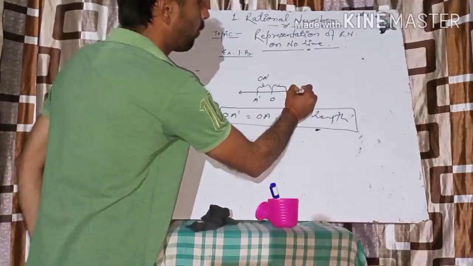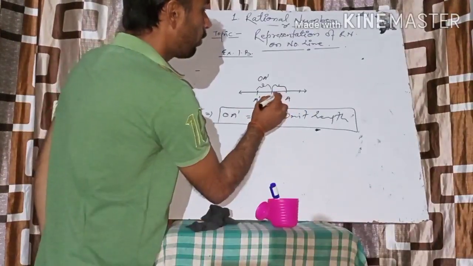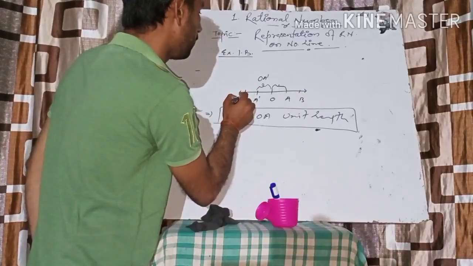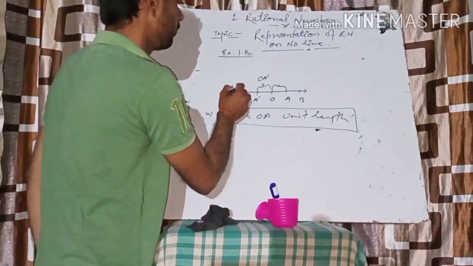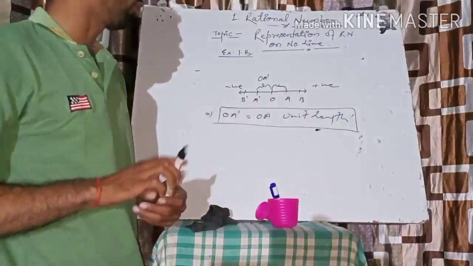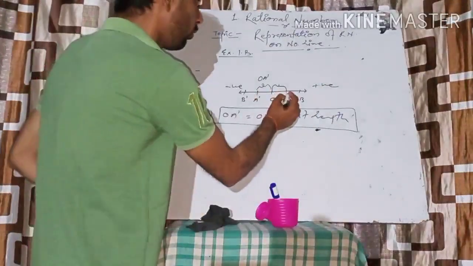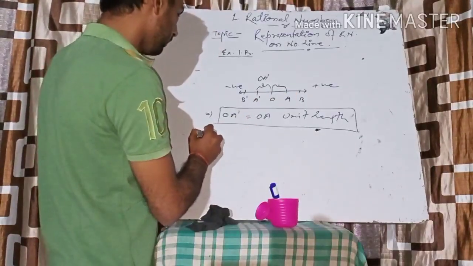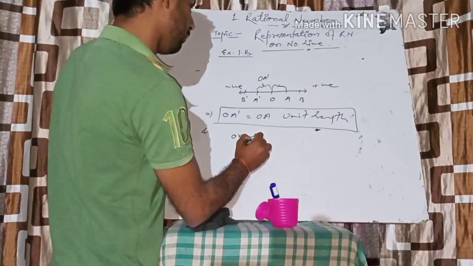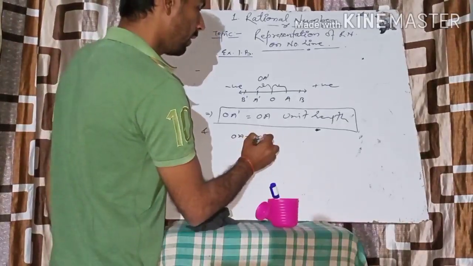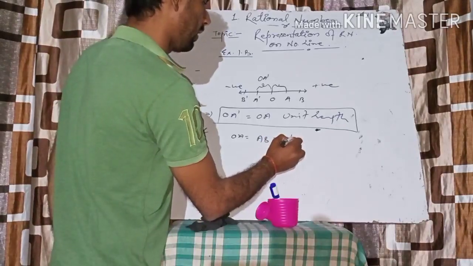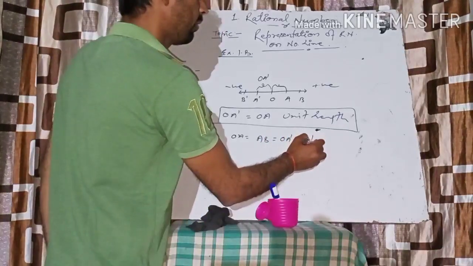Suppose I take B here, then OA equals AB. In the same way, I take B dash here, because it is negative. The left side is always negative, and the right side is always positive. So OA equals AB, and OA dash equals A dash B dash.